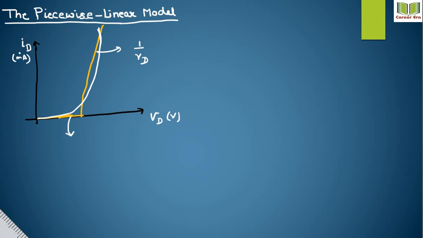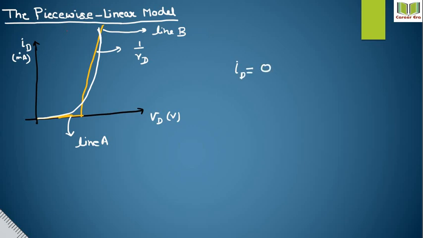This yellow line represents line A and this yellow line represents line B. We can write the current for line A: ID is equal to 0.